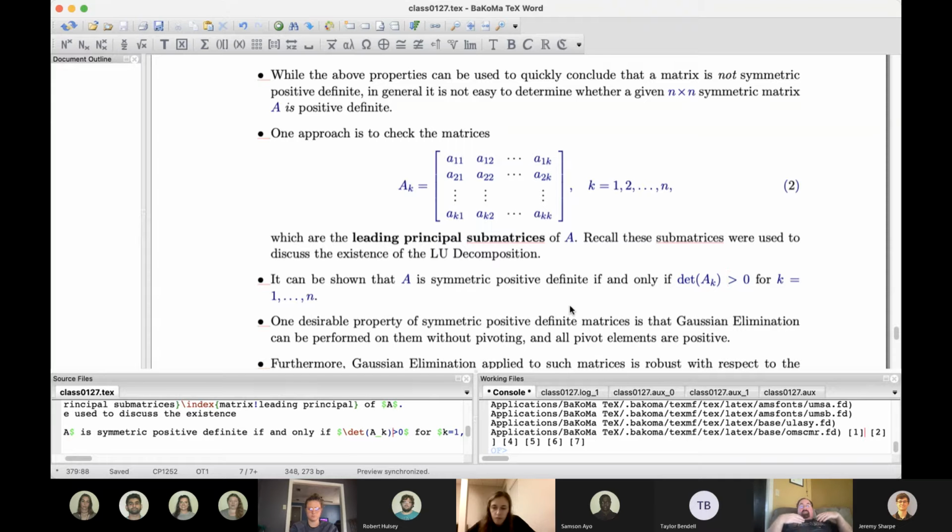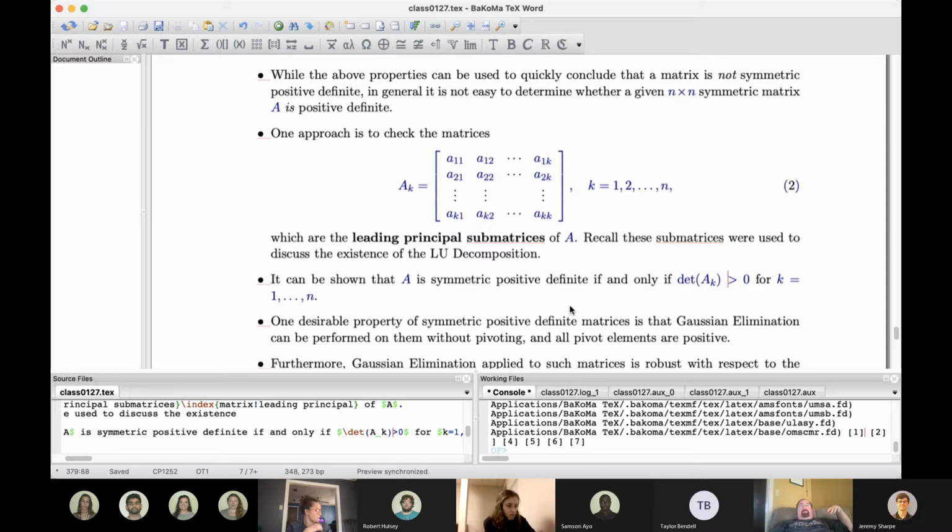So it is never necessary to pivot to avoid dividing by zero. You can go ahead and use Gaussian elimination to solve Ax equals b in a symmetric positive definite case, and you don't have to perform row interchanges.